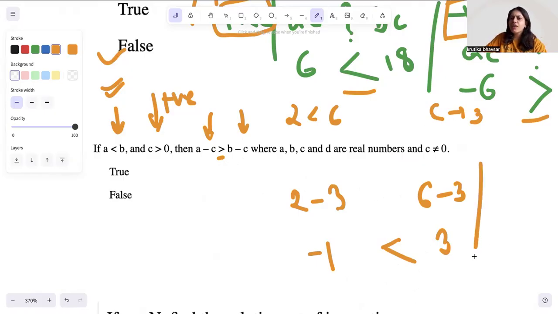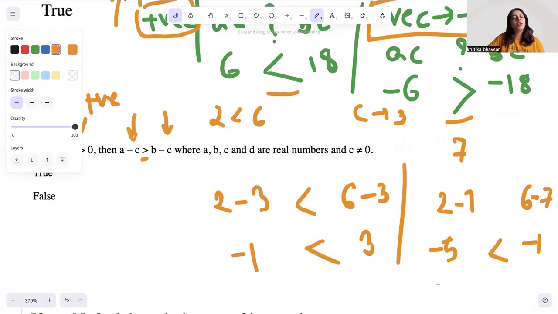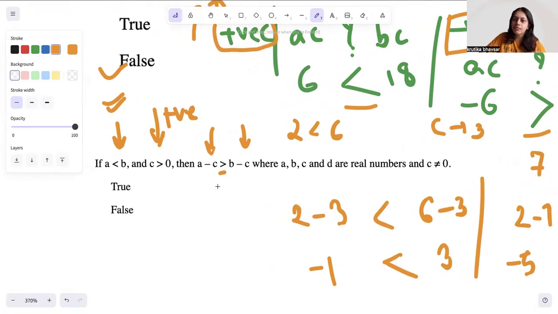Okay, let's try for another value. You will say, okay, Kritika, this is true for this case, but is it true for every case? Let's try to take some value of C, for example, 7. What do we have? We have 2 minus 7, 6 minus 7. What is 2 minus 7? It's minus 5. What is 6 minus 7? It's minus 1. And still the inequality holds. Let's check for C equal to 1.